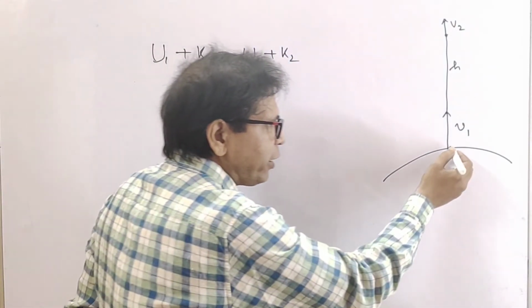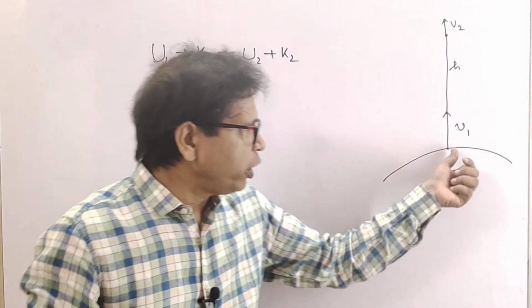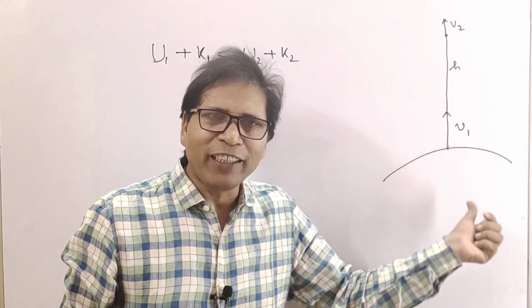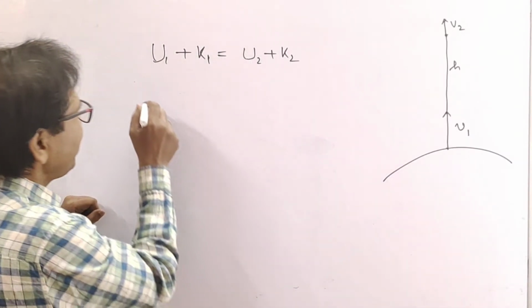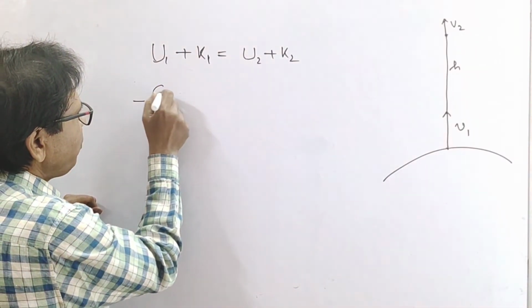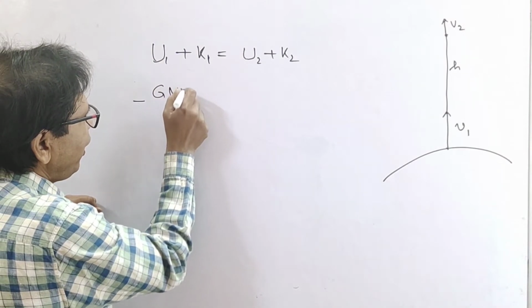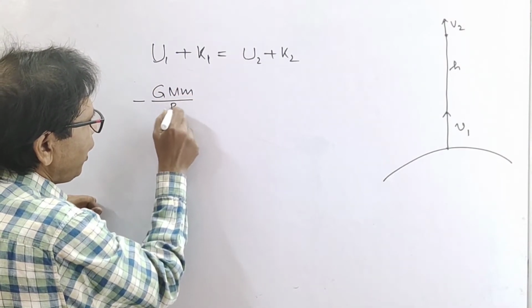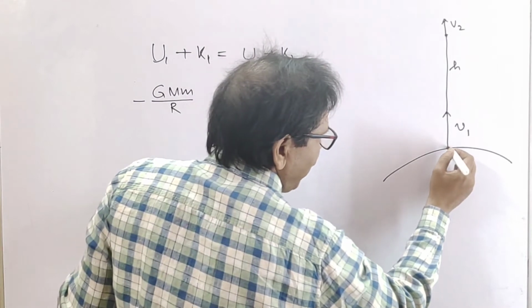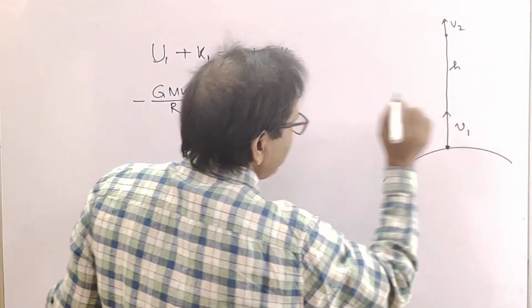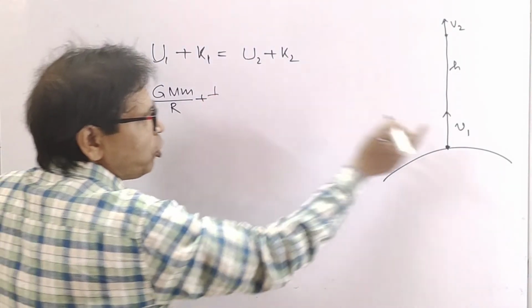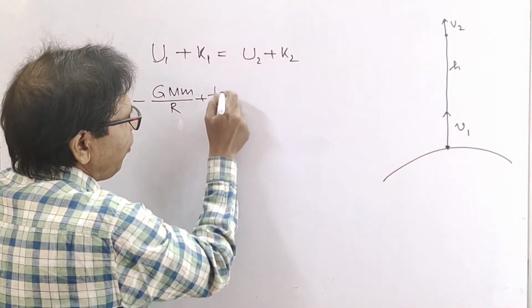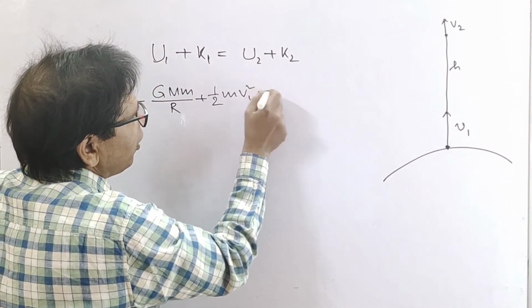Look at this, as this is the surface of earth, the distance of this point from the center of the earth is capital R. So the potential energy at the surface of earth is minus GMm by capital R, where m is the mass of the projected body. Now what is the kinetic energy? Velocity v1, so this is the half m v1 square.